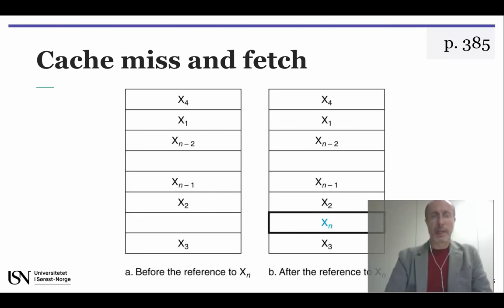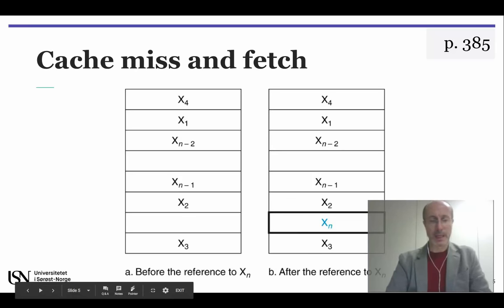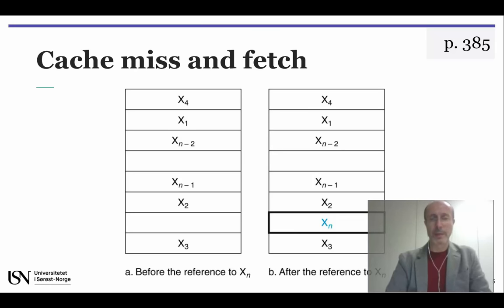What you see on the left of this slide is an example of a small cache memory containing various data items that may have been recently used by the CPU. We see, however, that item xn had not been fetched from the main memory yet.